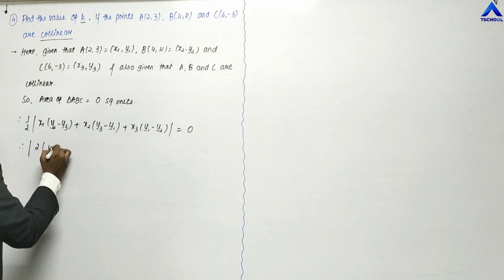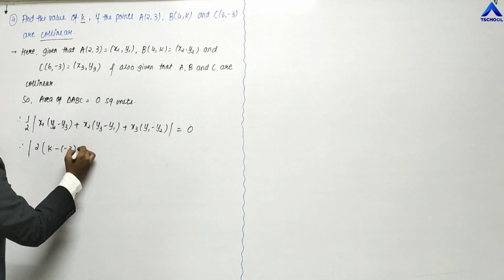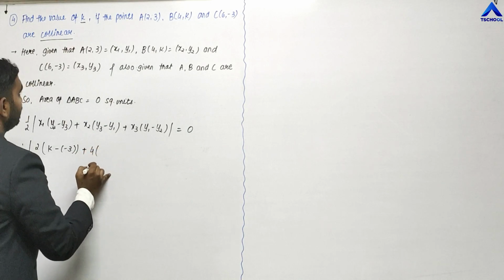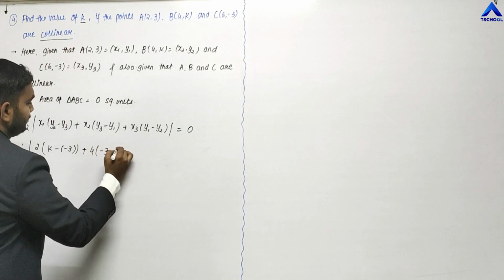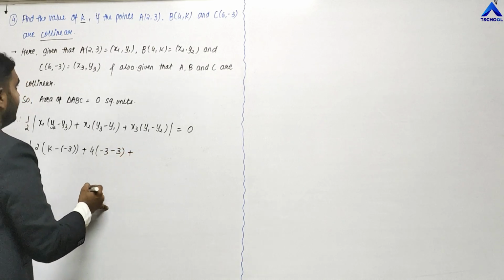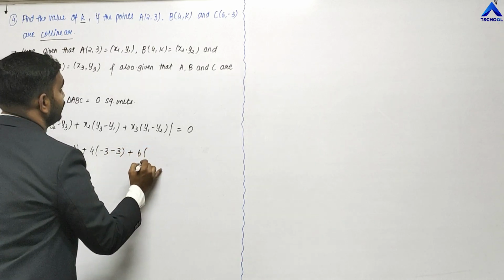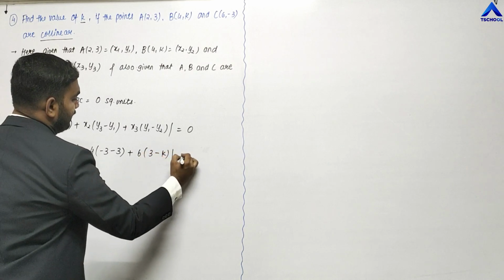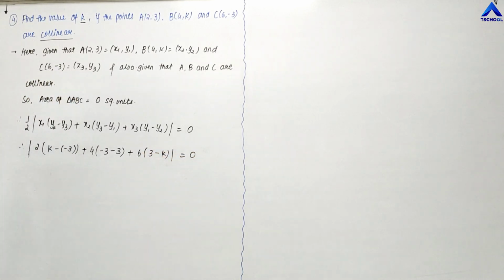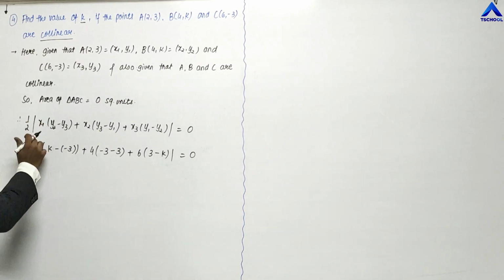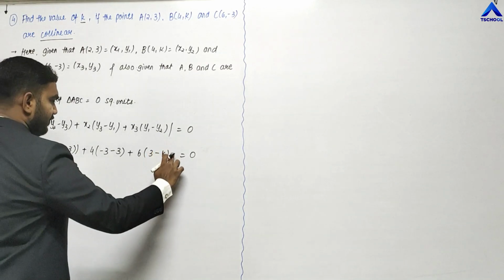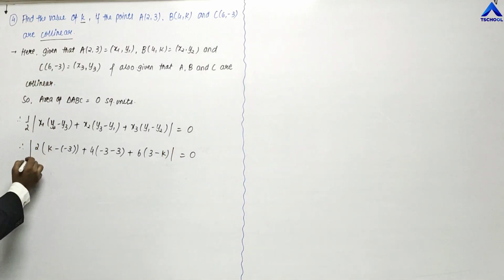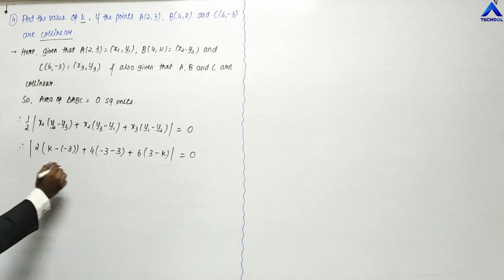K, minus 3) plus x2 that is 4 into (y3, minus 3, minus y1) plus x3 that is 6 into (y1, what is y1? 3 minus K) is equal to 0. Yes or no? So we just put down the values that were given with these 3 points.